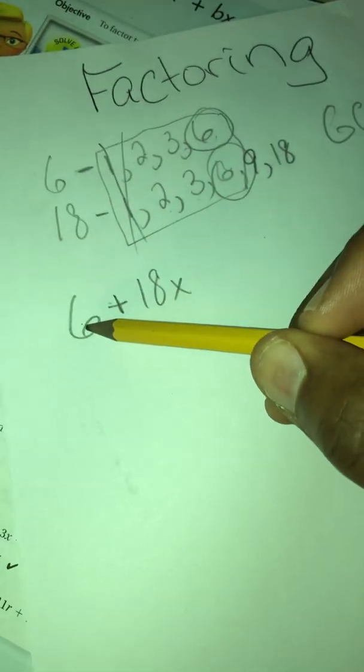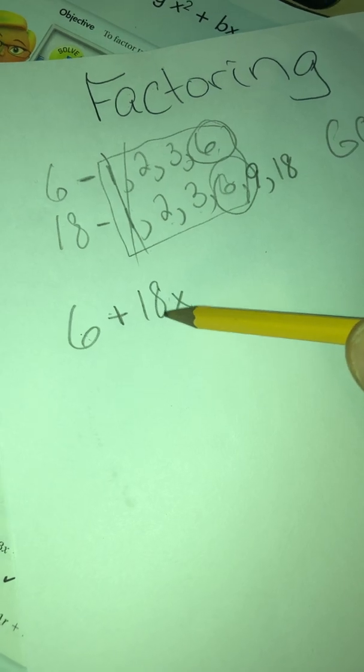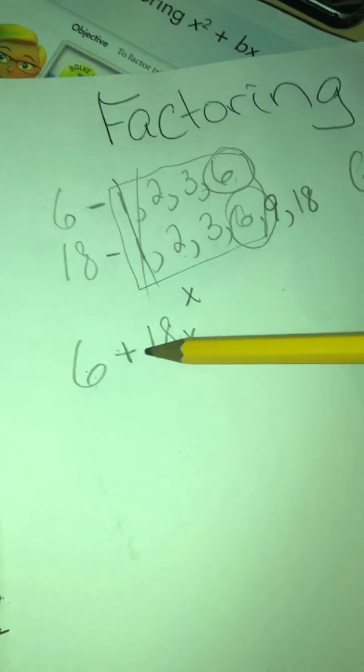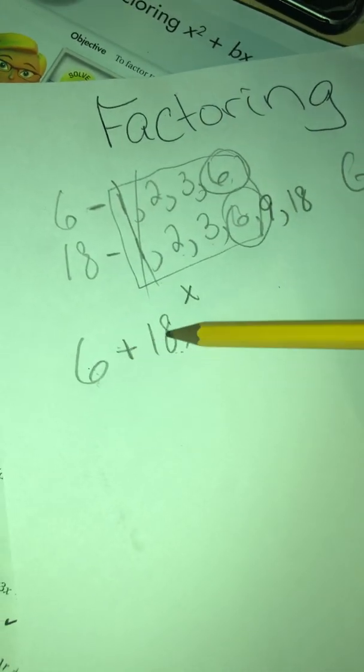So we talked about what happens if you have a binomial like 6 plus 18x or something like that. So in this problem we have 6, in this problem we have 18x. Now I know there's an x here and there's no x here. Here I have 6 and 18.